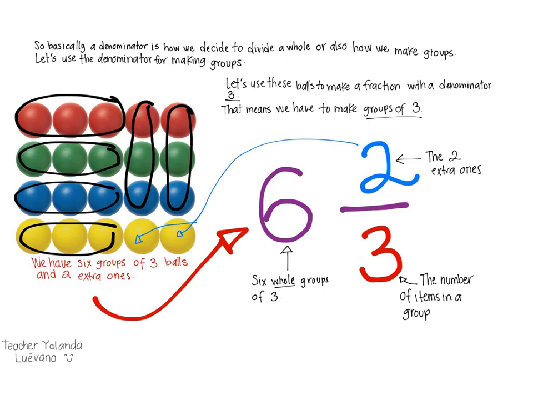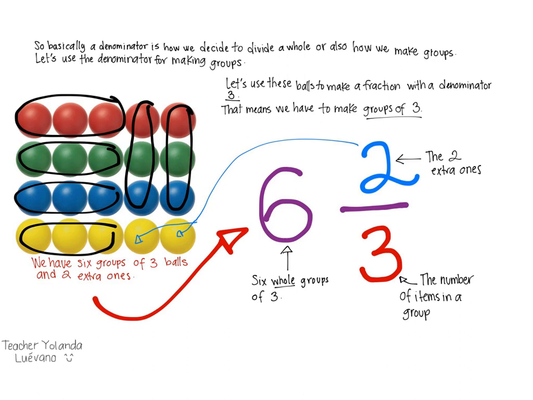Let's use the denominator for making groups. Let's use these balls to make a fraction with the denominator 3. That means we have to make groups of 3. So pay attention. 1 group of 3, 2 groups of 3, 3 groups of 3, 4 groups of 3, 5 groups of 3, 6 groups of 3, and we have 2 extra ones.